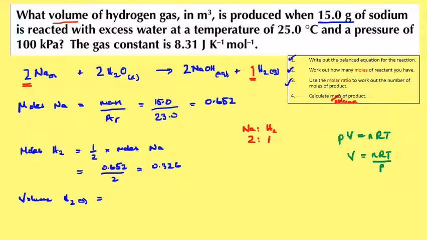Okay, so let's switch back to blue and write that in. Volume of hydrogen is going to be nRT over P. And now we're just going to substitute in our numbers. So n is what we just worked out, 0.326, the number of moles of hydrogen gas. And R is given in the question, 8.31.